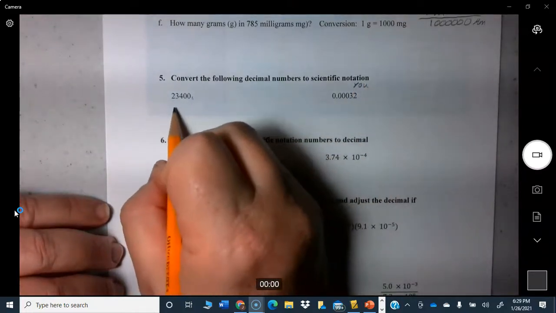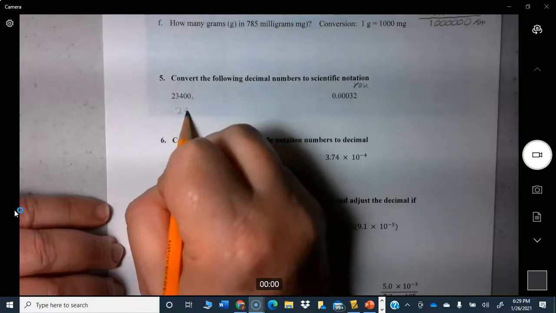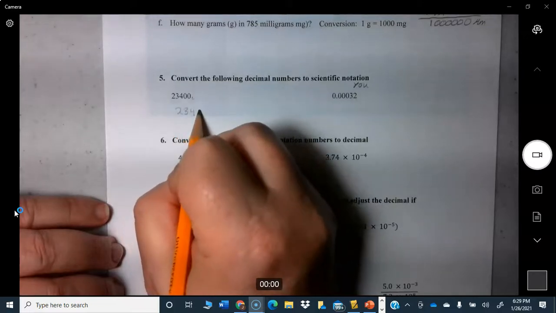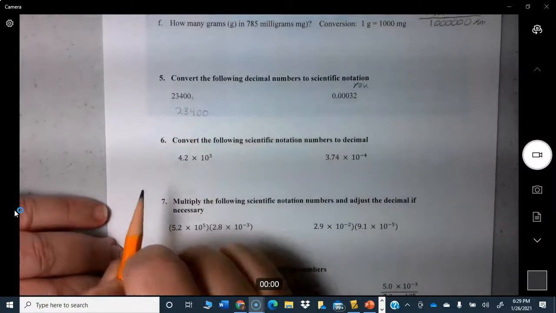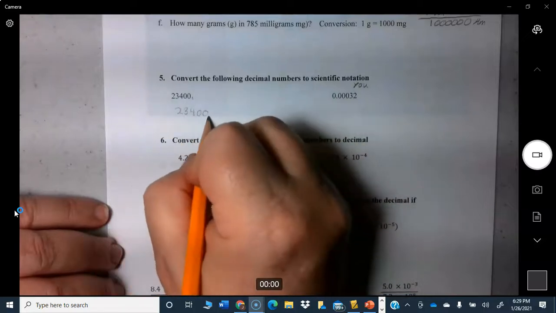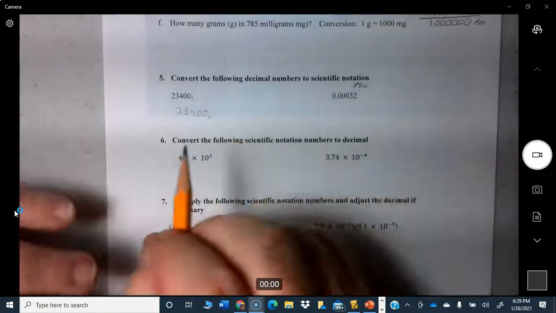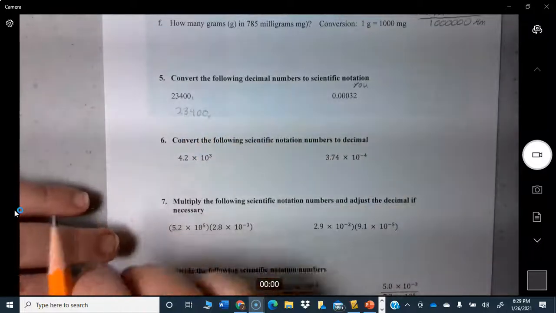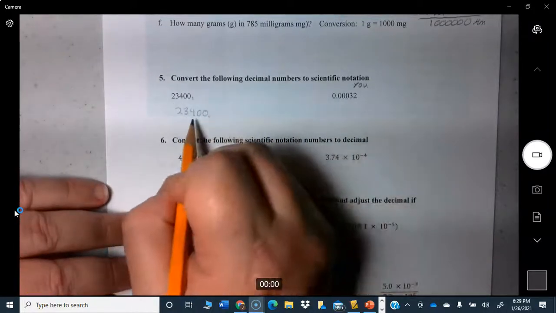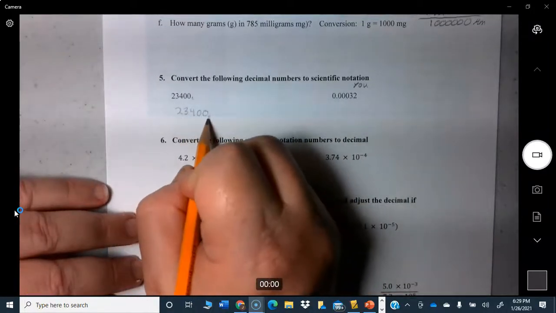So now we got to take this, and I always advise in any kind of math problem or science, don't write on the original equation. Just copy it down a second time. So there's my decimal. I need to create a number between 1 and 9.999. It can't be quite 10. It's got to be 9.999. Okay, so what's a number that I could create by moving the decimal?